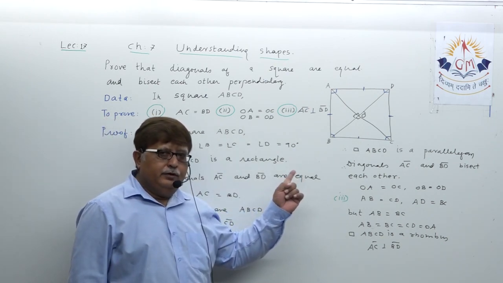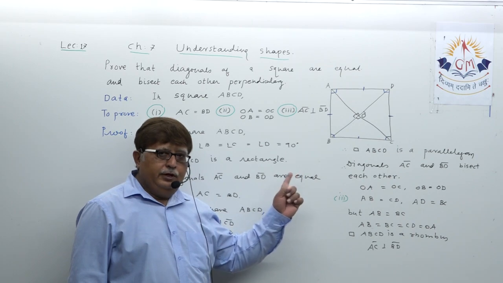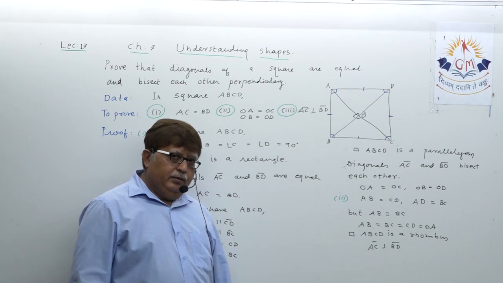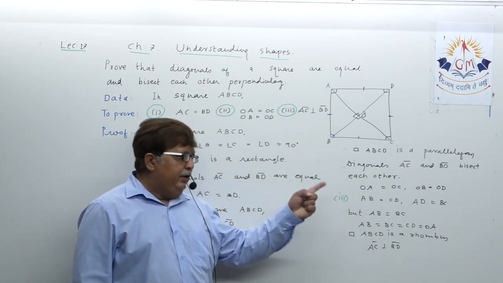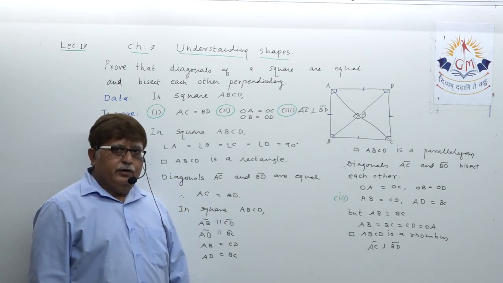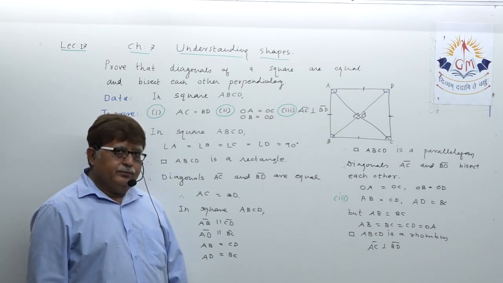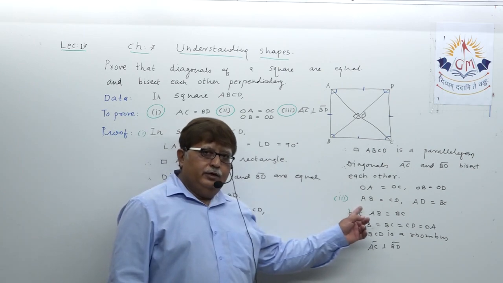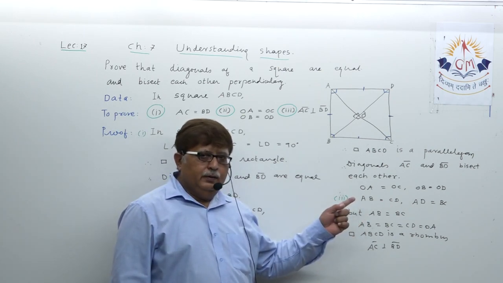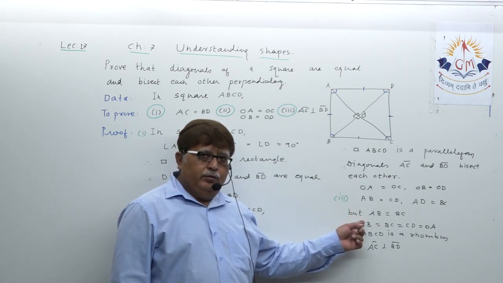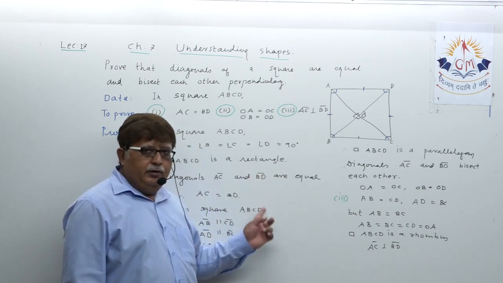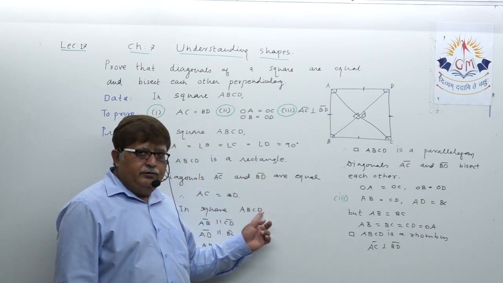When you say that, it has become a parallelogram. This implies that diagonals bisect each other. When you prove the same parallelogram becoming a rhombus, first the square turned out a parallelogram under the condition.